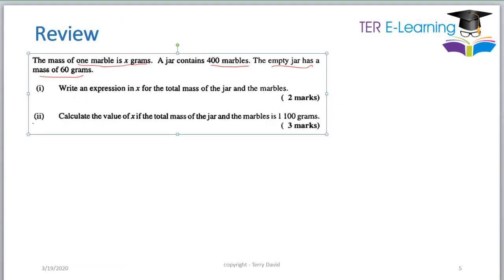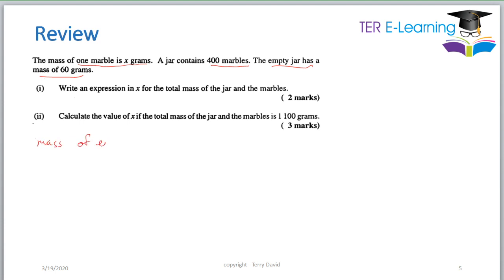Alright, so it's easier for me to work with the question here. The mass of 1 marble is x and the jar contains 400 marbles. So let's write down some things here. For part 1, they want an expression for the total mass of the jar and the marbles. So the mass of the empty jar, they told us, is 60 grams.